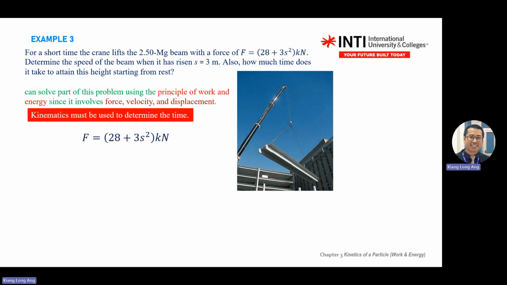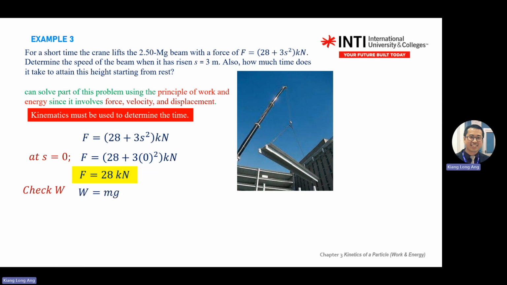Is the beam. Okay, so this one, you start with the boundary condition for the force. So you have two forces there. One is when at the ground. So s0, you substitute inside there because your force is depending on the ground location. So if it's at ground, force equal to 28 kilonewton.